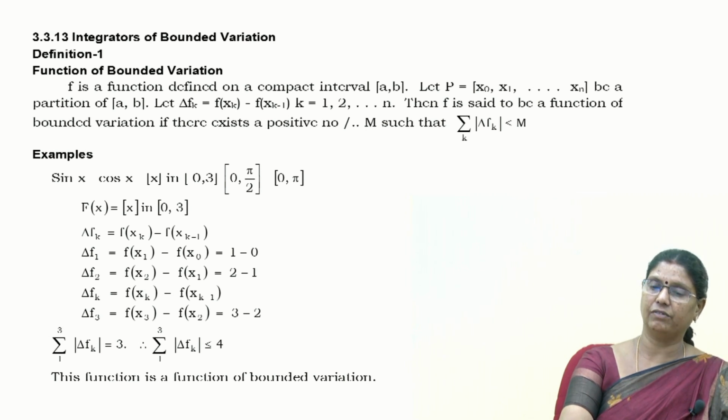Again, the functions of bounded variation. Let f be a function defined on the compact interval and P a partition of the closed interval [a, b], and delta f k is f of x k minus f of x k minus 1, with k varying from 1 to n.